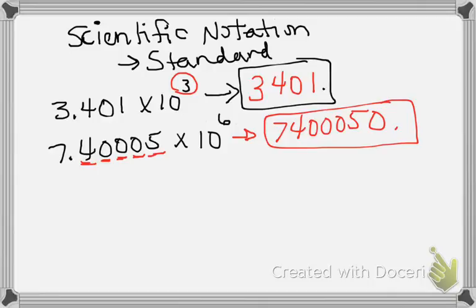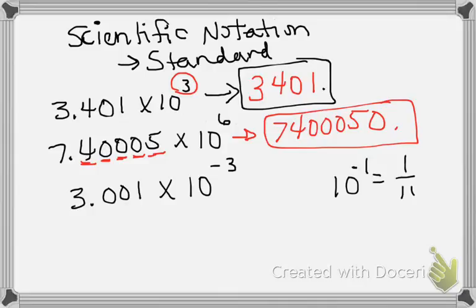All right, let's look at one a little different. 3.001 times 10 to the negative 3. Now this one has a negative. Remember, a negative means we go to the left, and it's the same principle. Whenever you have a power with a negative, it means you're really multiplying by 1/10.